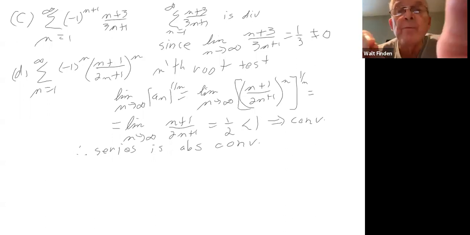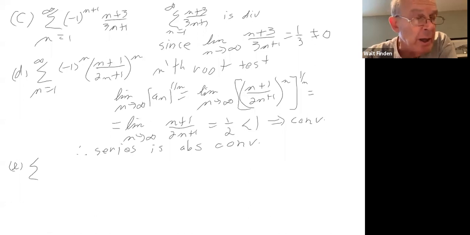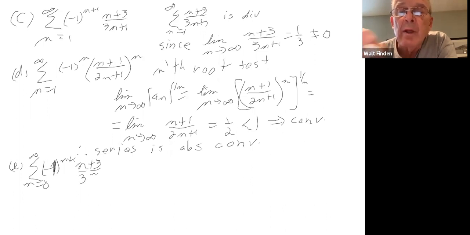E. Let's take a look at problem E, summation n equals 0 to infinity of (-1)^(n+1) times (n+3)/3^n. What am I looking at here?